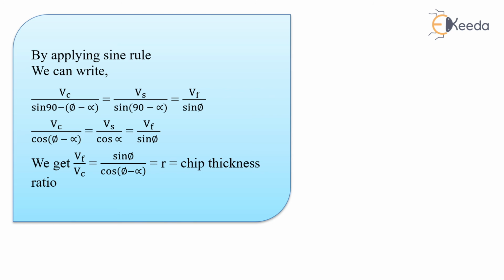So in shear plane angle, we also got this equation, that is r is equal to sine phi divided by cos phi minus alpha. We got the reciprocal of 1 upon r is equal to cos of phi minus alpha divided by sine phi, and we express the relation for the shear angle phi. Okay, thank you.